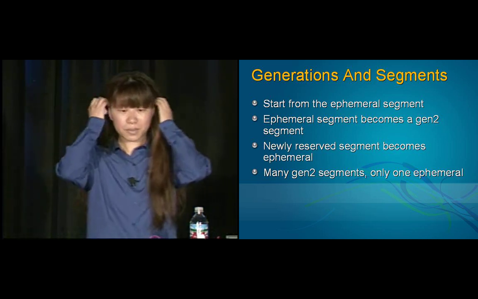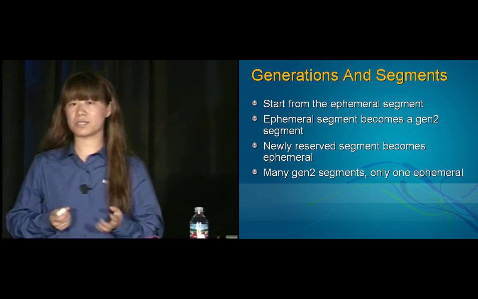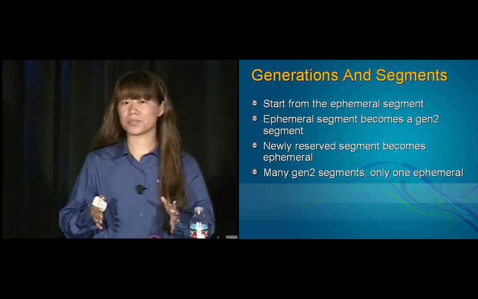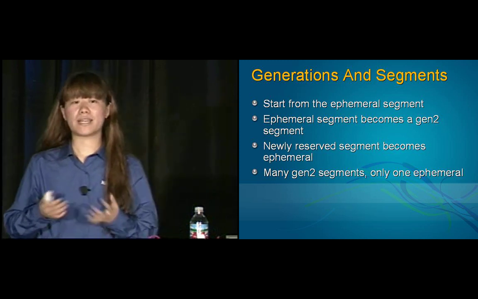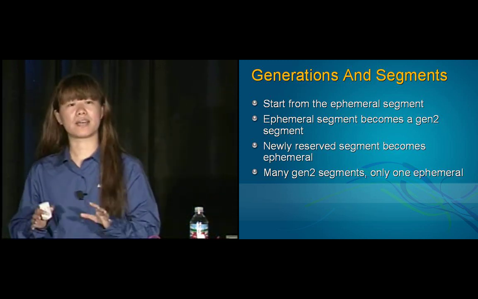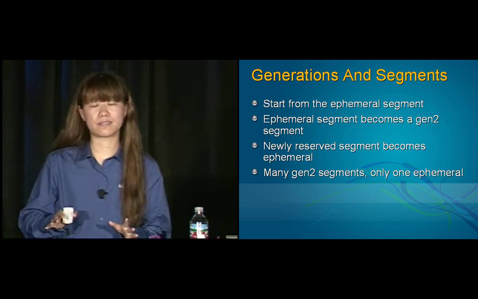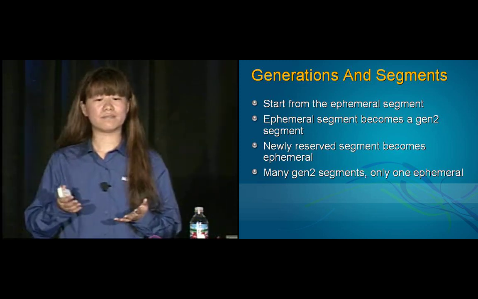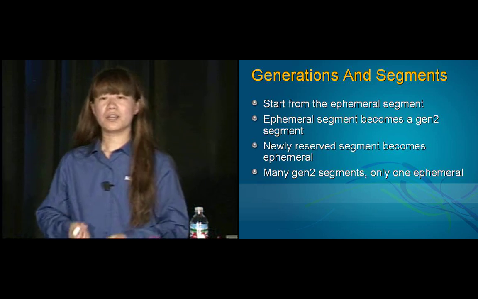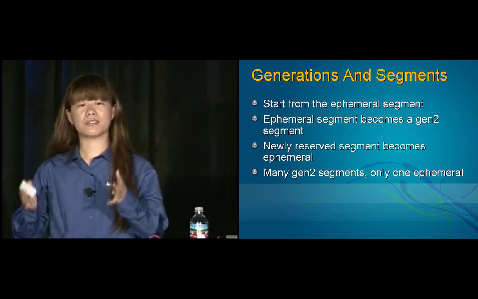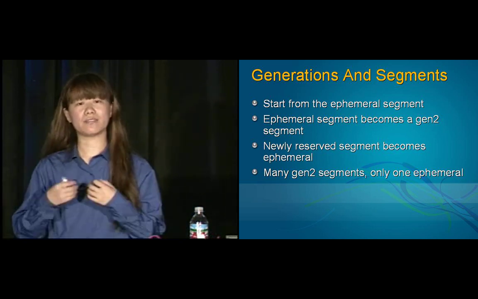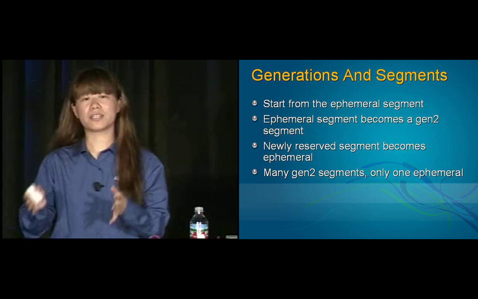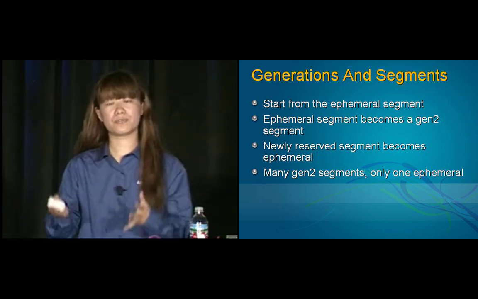After we talked about generations and segments, you must be curious to know how they are related to each other. For example, can a generation be on any segment, or can a segment have objects from any generations? Those are good questions to ask. So let's start from the ephemeral segments. When you first start allocating on the managed heap, you allocate in Gen 0, right? As we talked about in the beginning, the new allocations form the new generation.